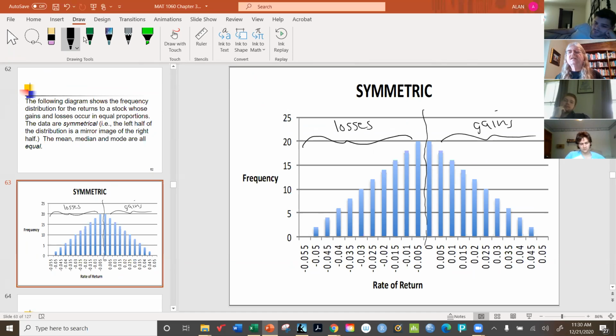This side and this side are identical to each other. That's what we mean by symmetry. And this happens when the mean and the median and the mode are all identical to each other. This is a nice case. Kind of looks like a volcano, doesn't it? This is where the lava would come out.